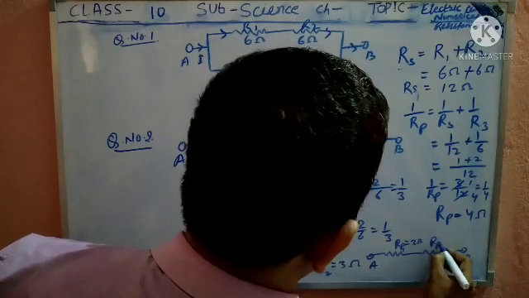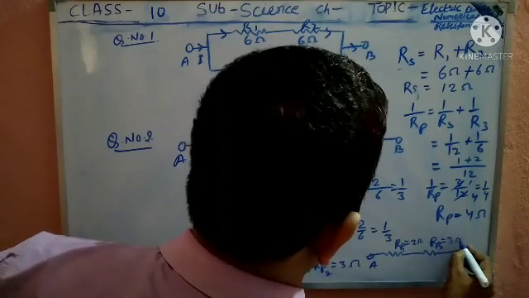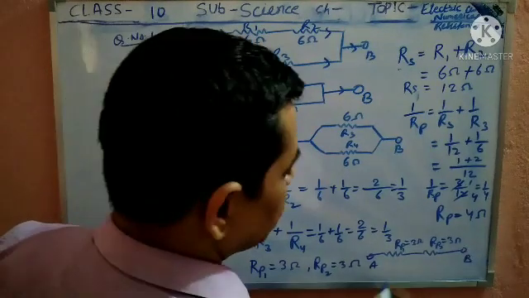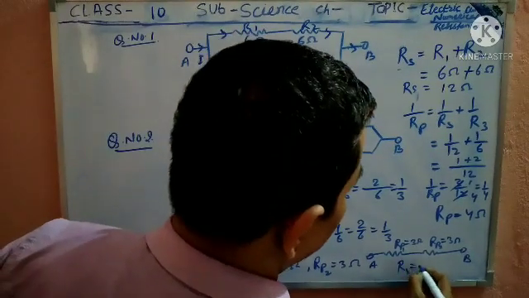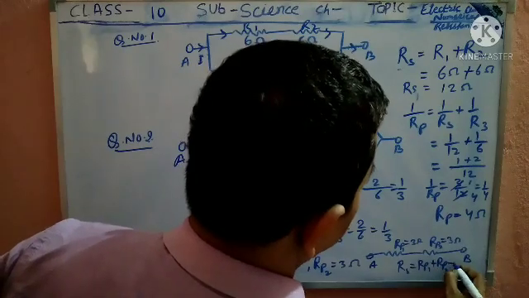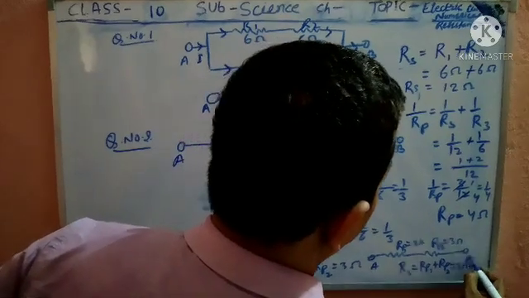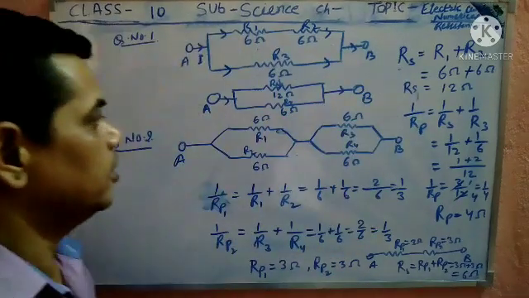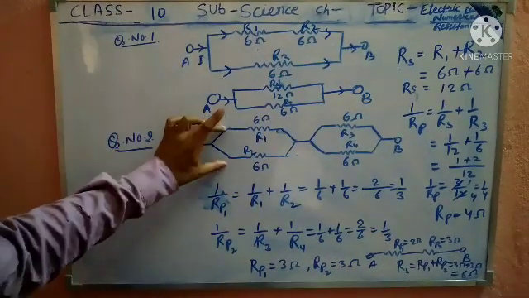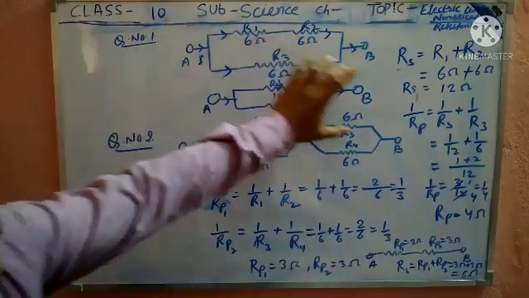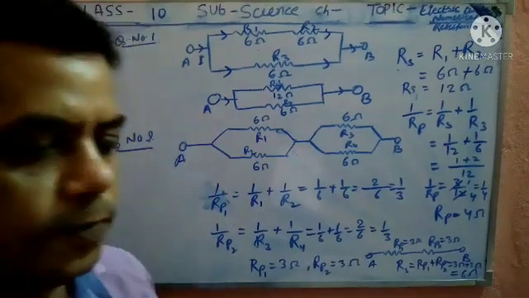Between points A and B, both resistances Rp1 and Rp2 are in series. So R series equals Rp1 plus Rp2, that is 3 ohm plus 3 ohm, equal to 6 ohm. So the equivalent resistance of this circuit is 6 ohm.